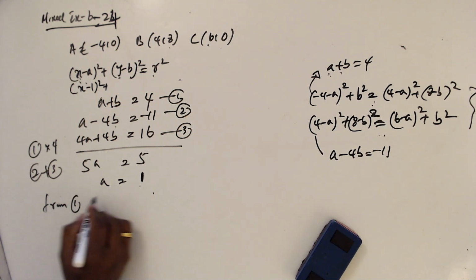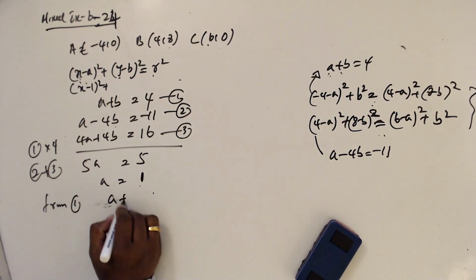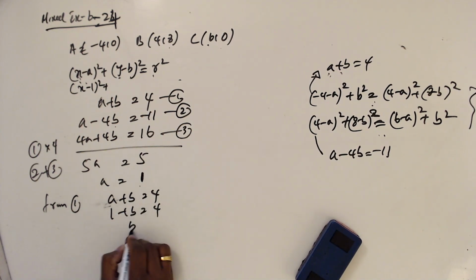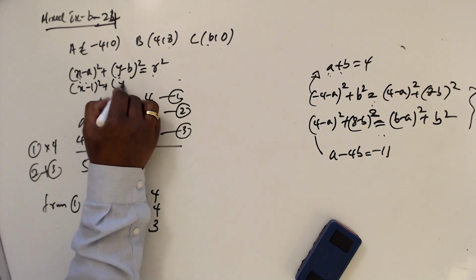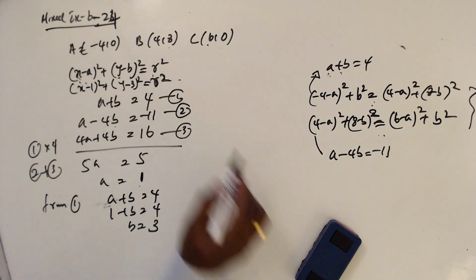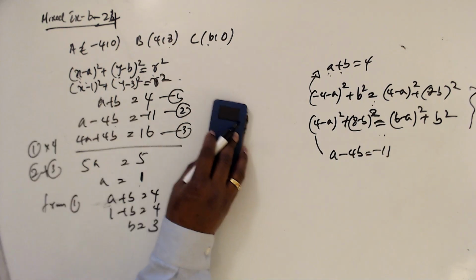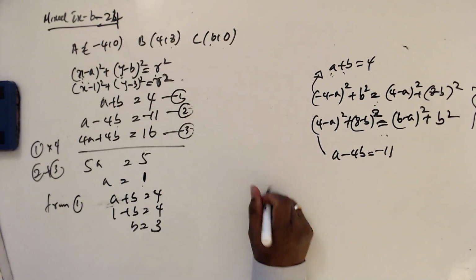From 1, a is 1. a + b = 4, so 1 + b = 4. b equals 3. Now this is (y − 3)² = r². Now we are done. We found the equation of the circle without the radius.